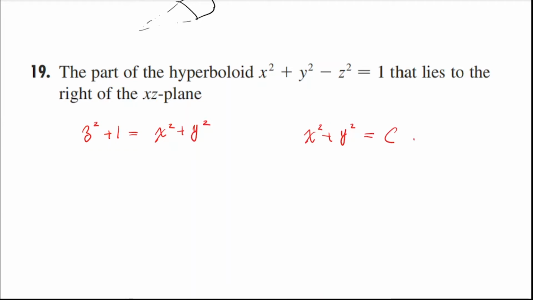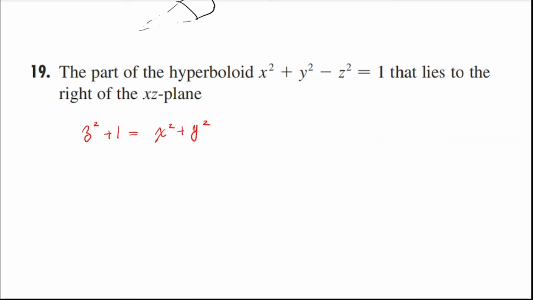How would you do it? You would do r cosine theta and r sine theta. Well, it's c squared, right? c cosine theta i vector plus c sine theta j vector is how you'd have done it, right? So we get that idea. So that's great. Okay.